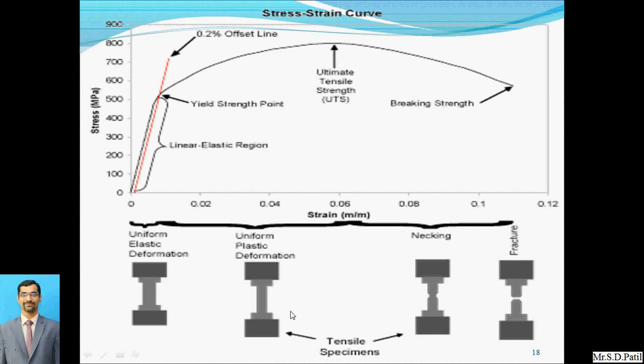So the component will permanently lose its size and shape, and it cannot regain it. This will be the neck formation in this portion. Here we can observe, and in the last phase the fracture occurs. So that particular component has broken into two pieces.